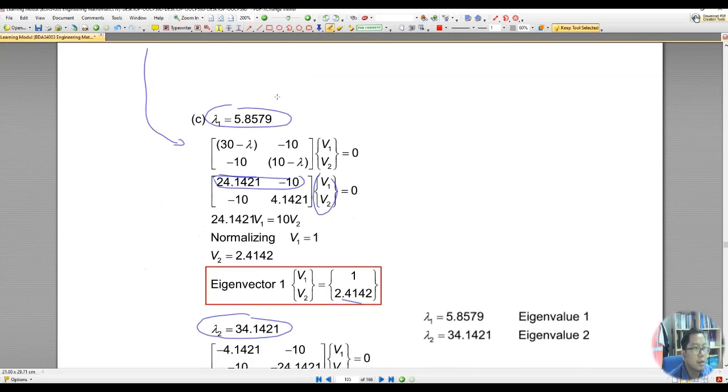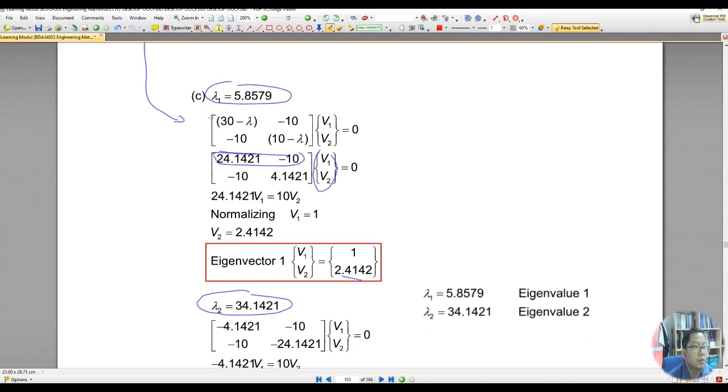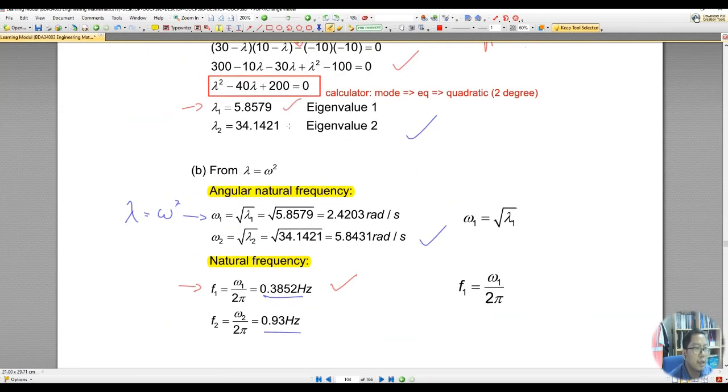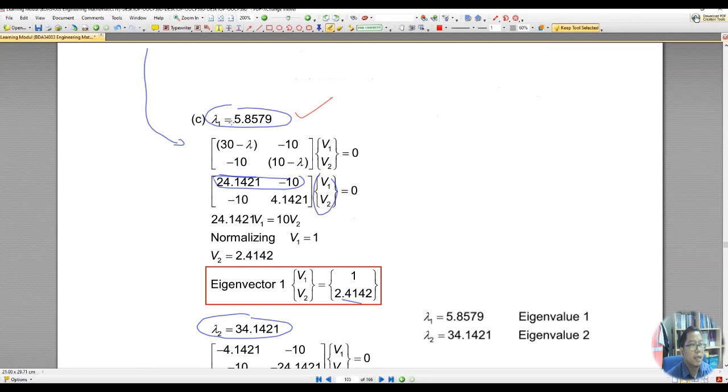In this case, we will calculate by using both eigenvalues. First, we use this, 5.8579, where we get it from here, and then for the second calculation we use the other value.